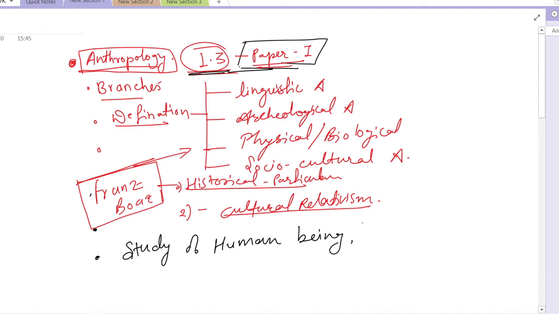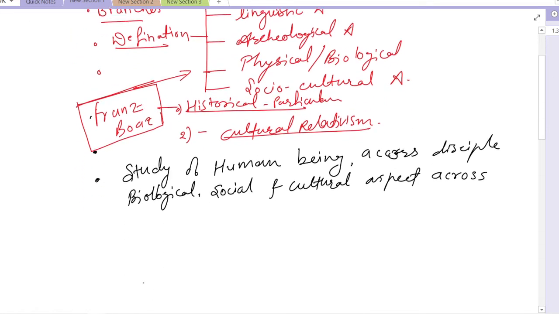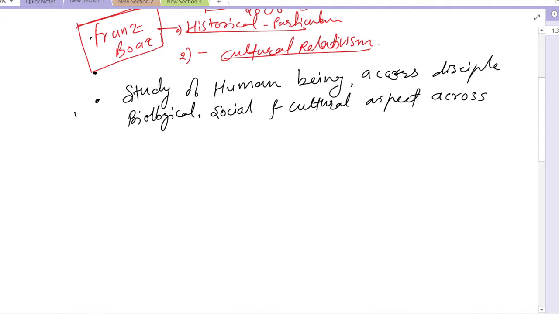But is it enough? No. So you have to write that across disciplines, which include biological, social, and cultural aspects, across time and space.